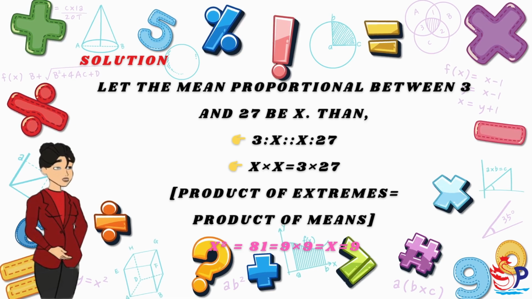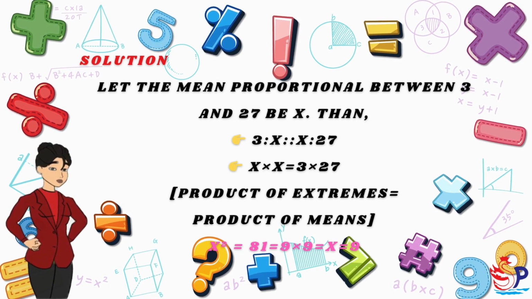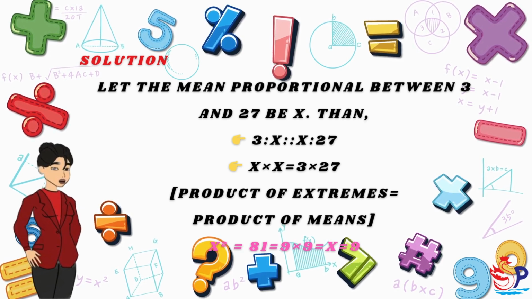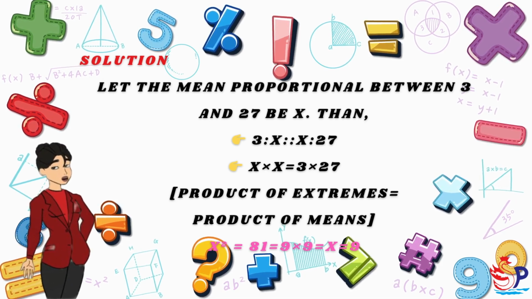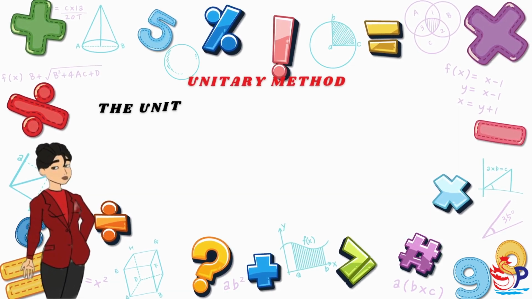Product of extremes is equal to product of means. x squared is equal to 81 is equal to 9 multiplied by 9, so x is equal to 9. Final answer is 9. What is unitary method?